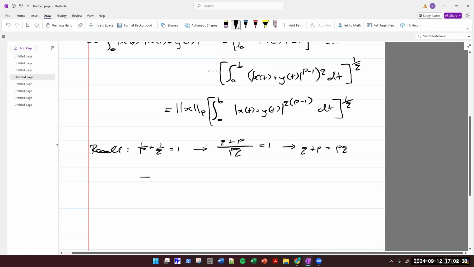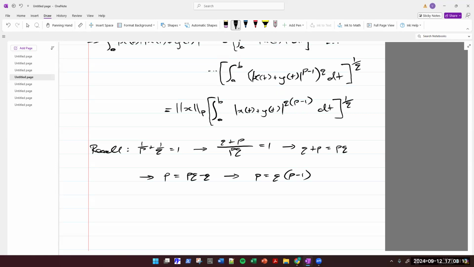So which one do I want? So therefore, p is equal to pq minus q. So p is q into p minus 1. This term here is p, so that term there is just p.